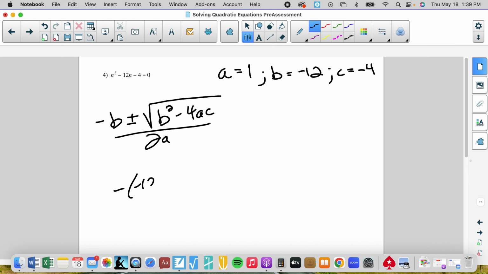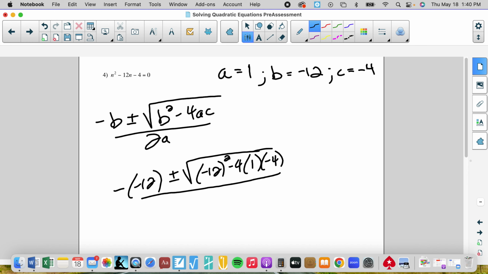Opposite of b. All right, there's something that's interesting. Plus or minus the square root of b. That b is negative, so I need to include it in parentheses. Minus 4 times a times c all over 2 times a.